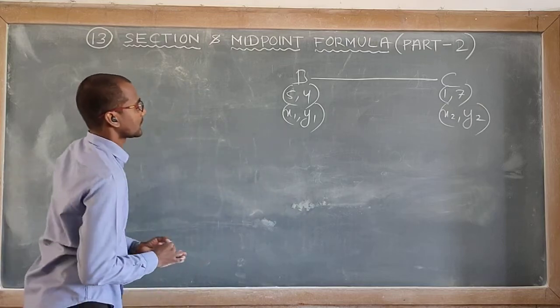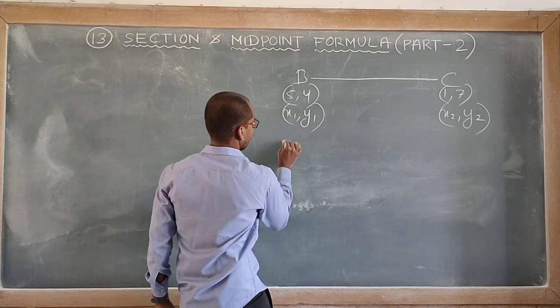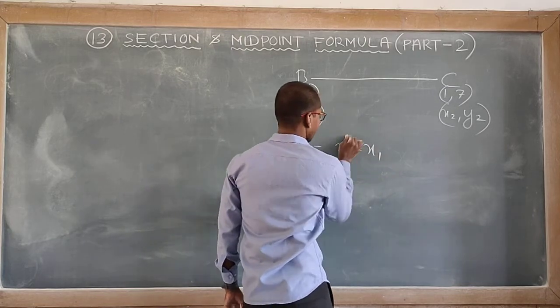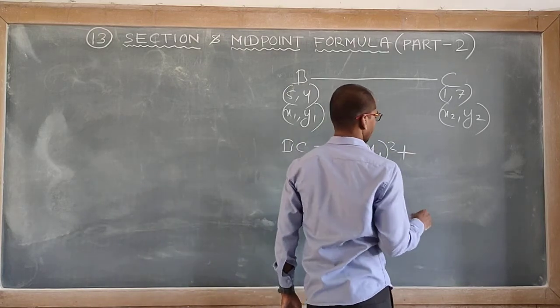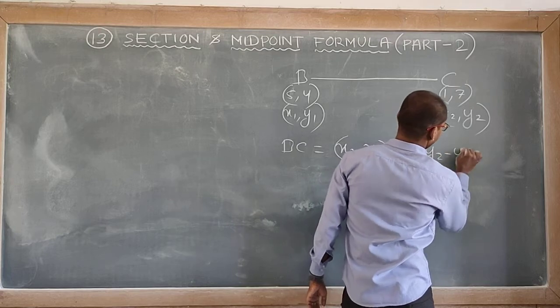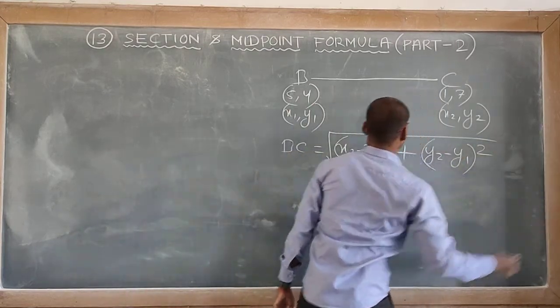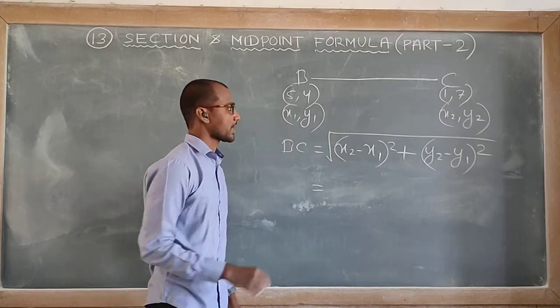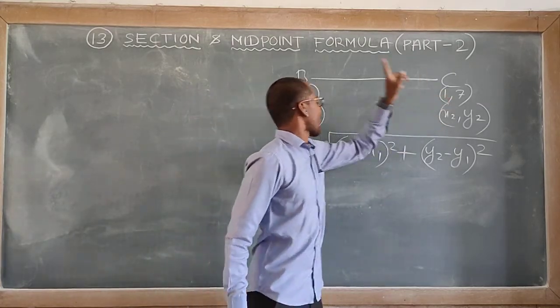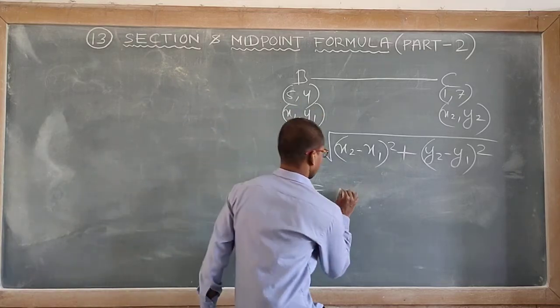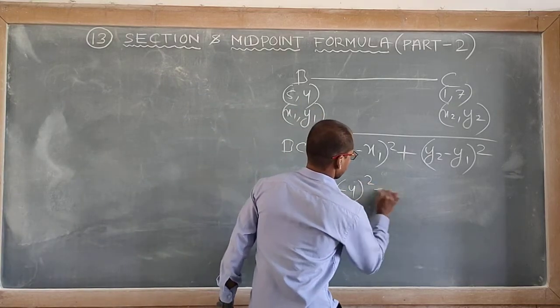So BC is equal to the square root of x2 minus x1 whole square, distance formula, plus y2 minus y1 whole square. What is x2 minus x1? 1 minus 5 is minus 4. Minus 4 square.